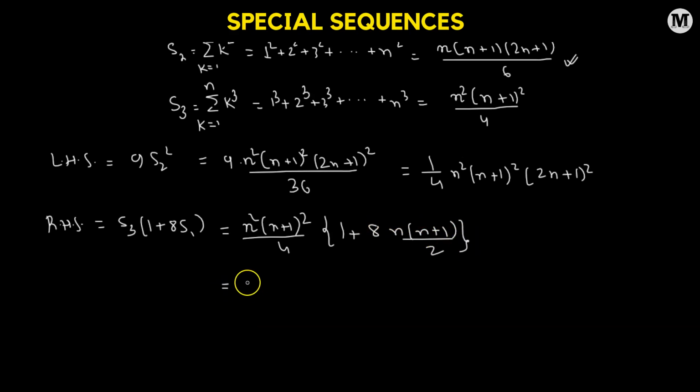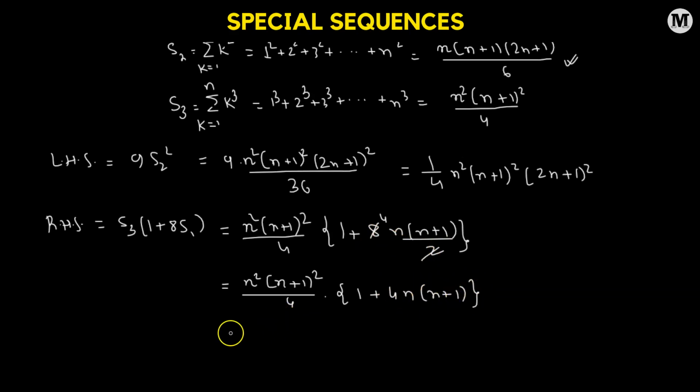So we're going to get n squared multiplied by n plus 1 whole squared divided by 4, multiplied by 1 plus, so 2 times 4, that's 8, we have 4 times n multiplied by n plus 1.